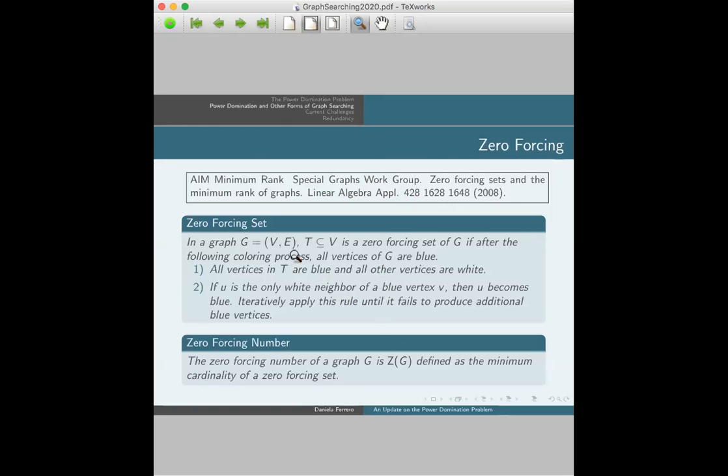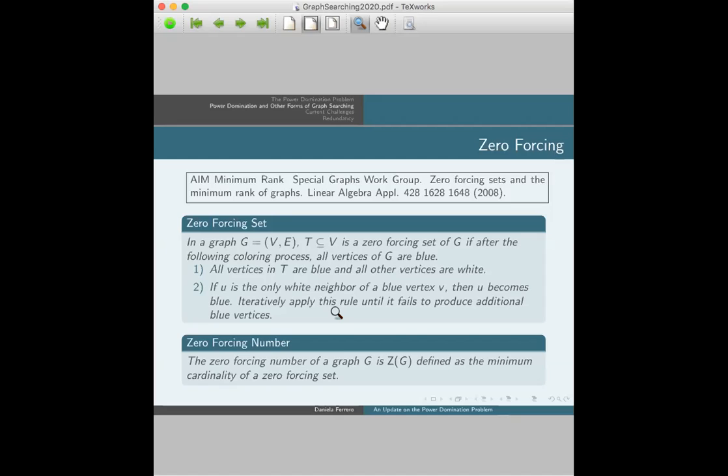If we have a graph, and we have a set of vertices, we say that that set T is a zero forcing set if after the following coloring process, all vertices of G are blue. So the idea is that initially all vertices in T are blue and all the remaining vertices are white.